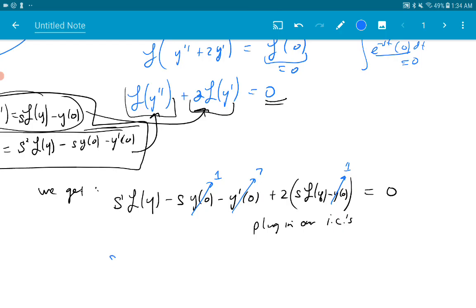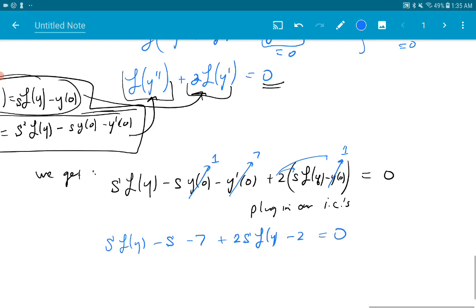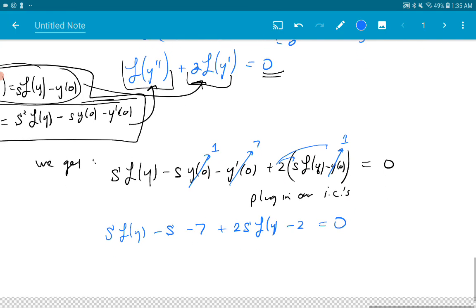So what we'll get is s L of y minus s minus 7 plus 2s L of y, distributing this 2 here, minus 2 equals 0. Might as well add some like terms here.